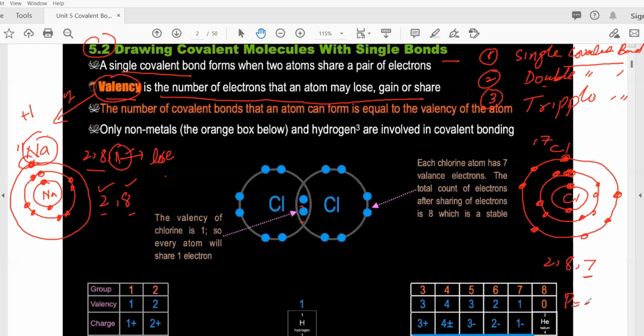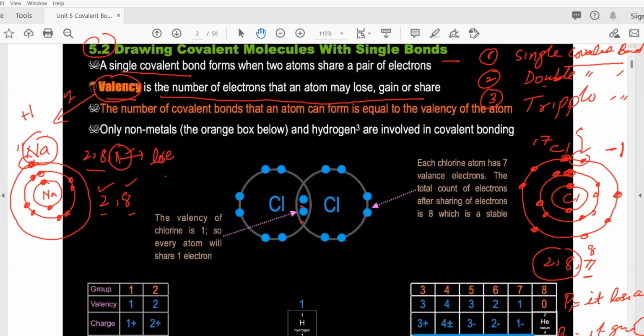Possibility number one, it loses all 7, then 2 will be left. Possibility number two, it gains 1. Which is easier? To gain 1. So chlorine will gain one more electron, becoming 8 instead of 7. It gained 1, so its valency is also 1. But it gains, so it is known as -1.